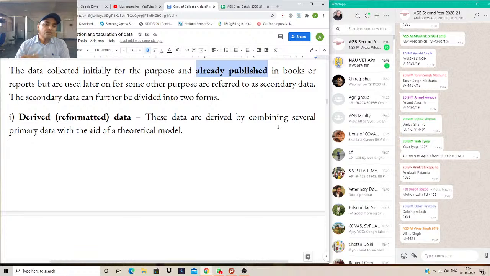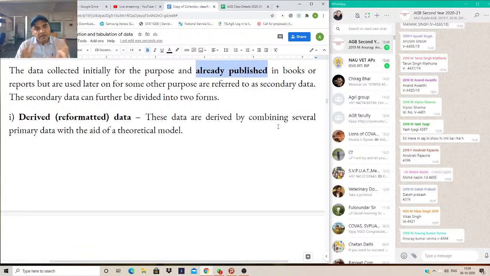From some primary data you will get the age of those individuals, from other primary data you will get the weight of those individuals. So you combine them, reformat them, and derive the data. That is known as secondary data that can further be used for the study.